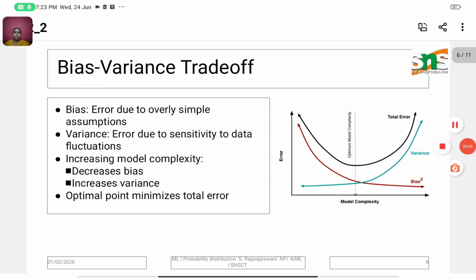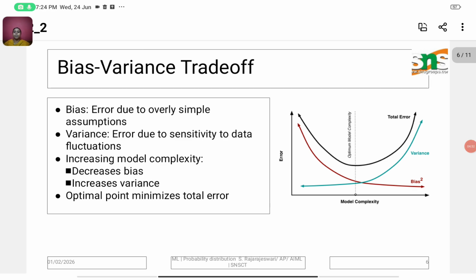The graph represents model complexity against error. Total error is equal to bias squared plus variance, and increasing model complexity decreases bias and increases variance.